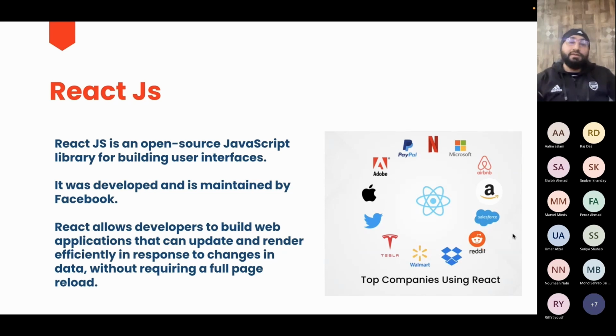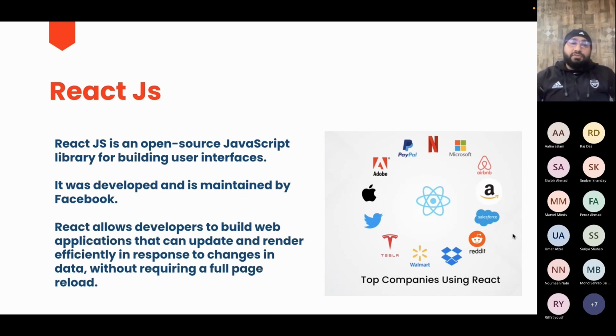They are the maintainer, so you have to request them that you have fixed this bug and you want to include that into the React library. Once they approve, that's how open source platforms evolve.